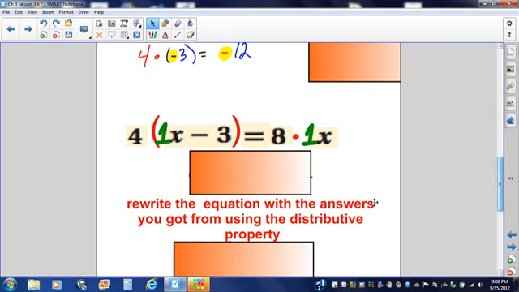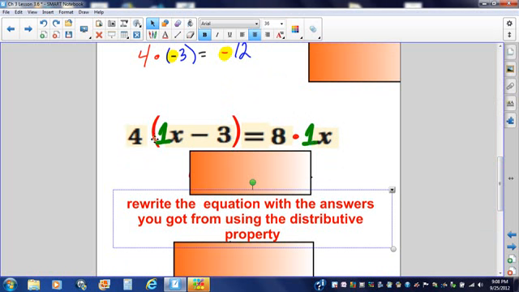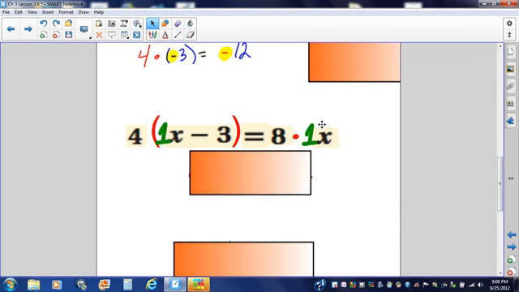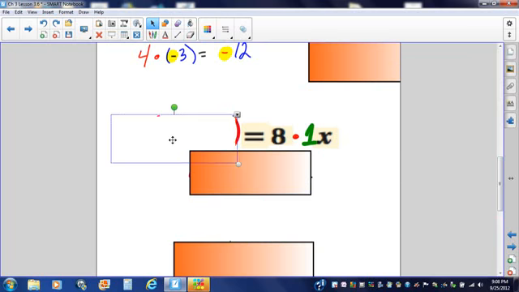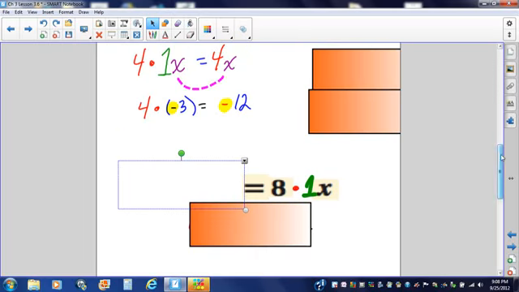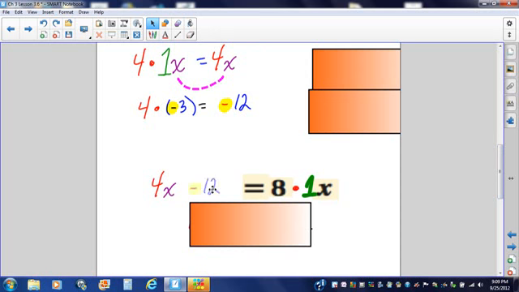I am going to rewrite this equation with the answers that I got from using the distributive property. So I got 4x when I distributed, and I got minus 12 when I distributed.